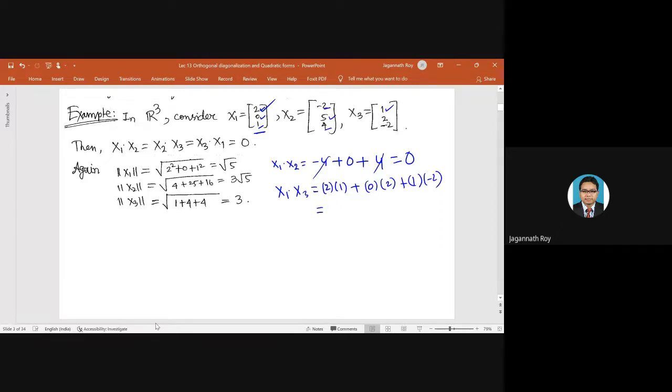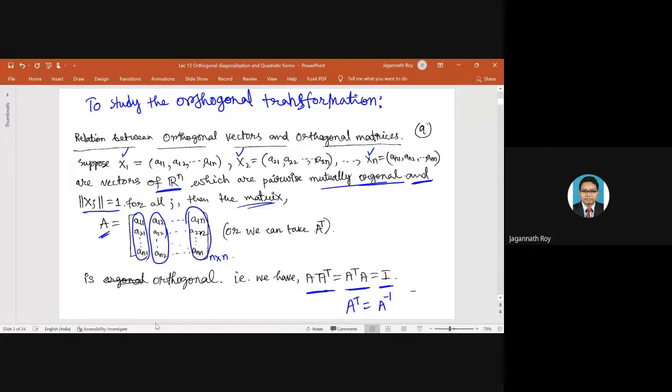So if the column vectors of a matrix are orthogonal, then we call it an orthogonal matrix. Or in other words, for an orthogonal matrix, this relation will be satisfied.